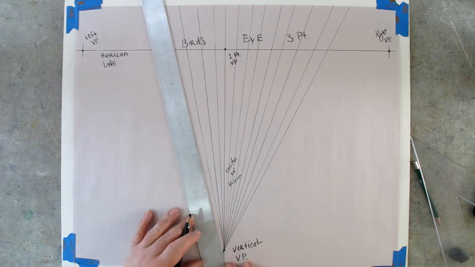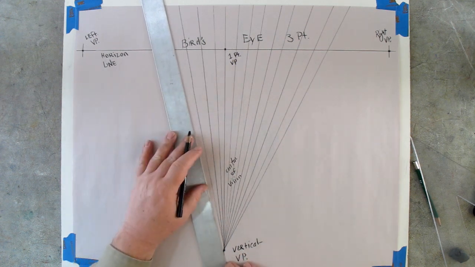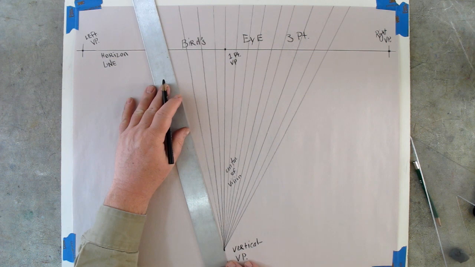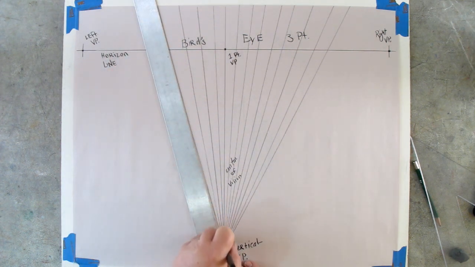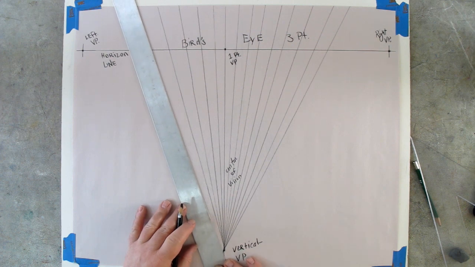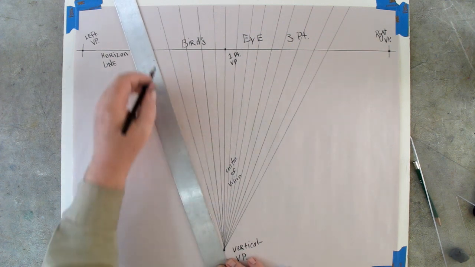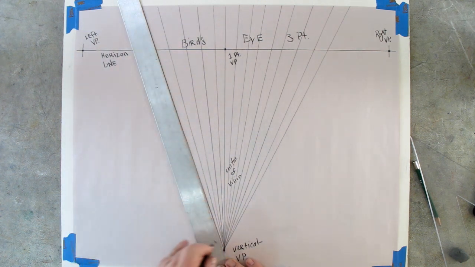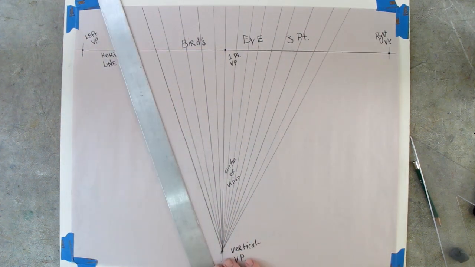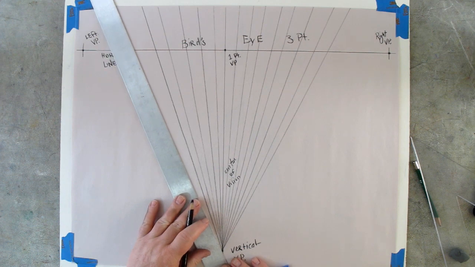Oh, I moved my straight edge. We'll just leave that. That's what happens when you move your straight edge: you get a little bend in the line. So as we get further and further away, it's coming down to this far distant vanishing point. These are what we call diminishment guides.